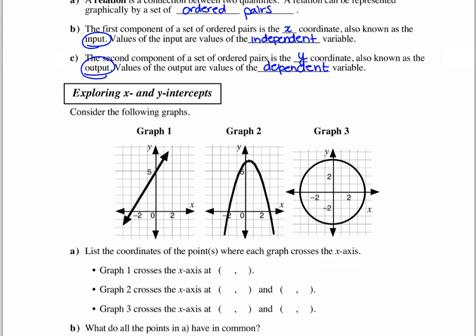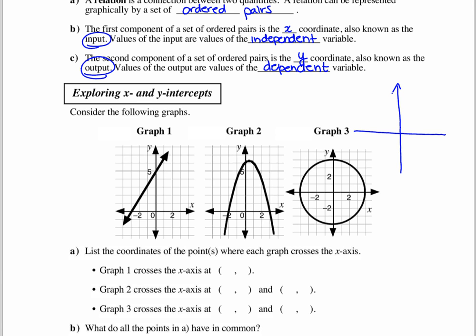So today we're going to learn about x and y intercepts. What do you think an x and a y intercept is? If you had to break down the word x-intercept: x is horizontal. But intercept, where the line crosses through the x-axis.